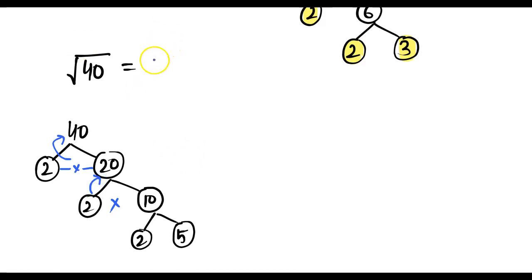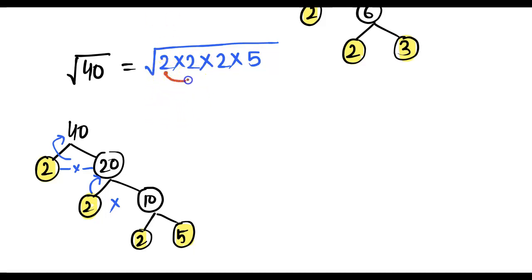Now what we need to do is write all the prime numbers under the SURD. So prime numbers are 2, 2, 2 and 5. Let's write that there: 2 times 2 times 2 times 5. Lucky pairs are going to be moving out of the SURD.